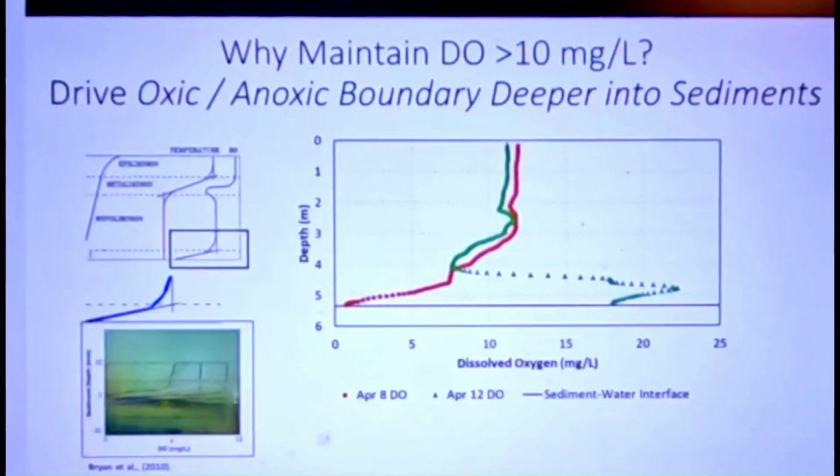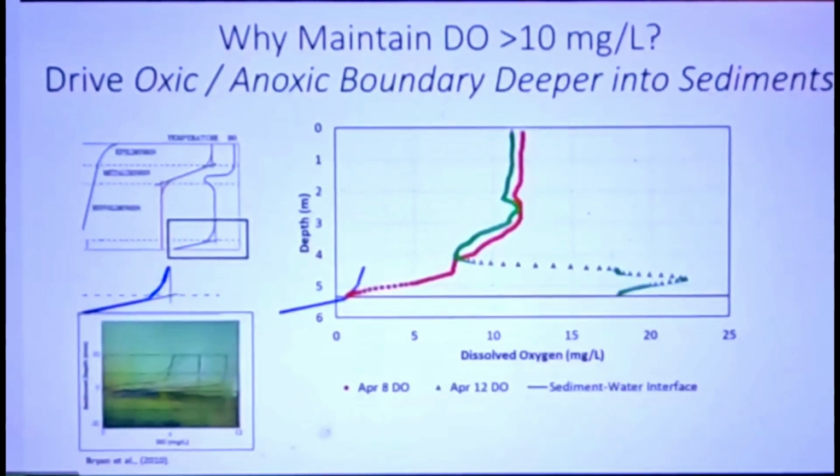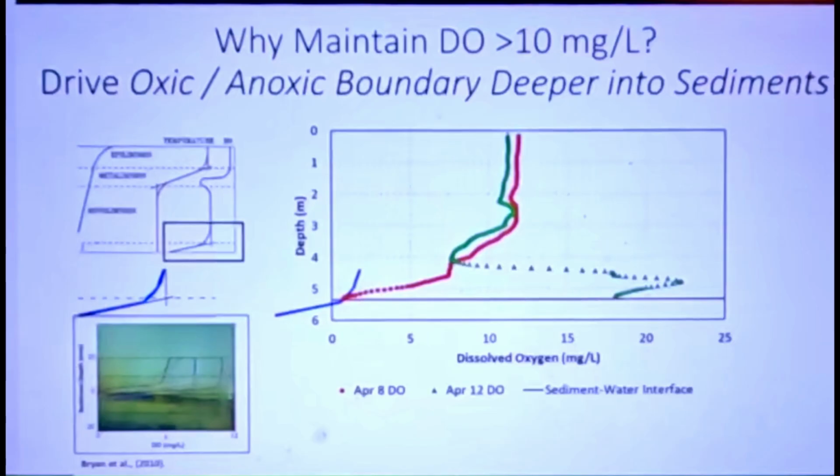But then when we boost the oxygen levels significantly higher, we project what that slope would be. We can see that low DO at the sediment-water interface crosses to zero fairly shallow into the sediments. If we superimpose that same line where we have higher oxygen in the bulk water at the sediment-water interface, we have to get deeper in the sediment to get to the anoxic boundary.